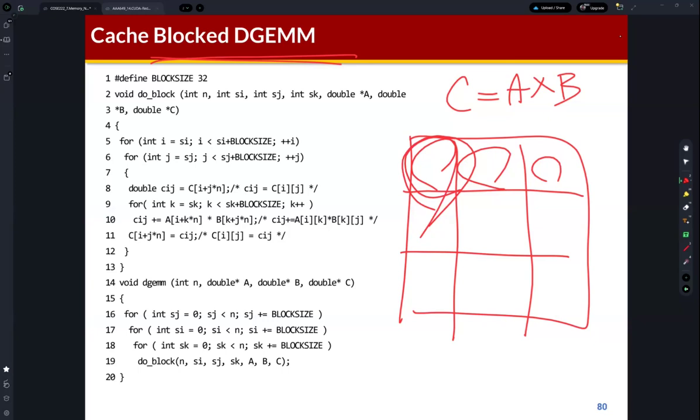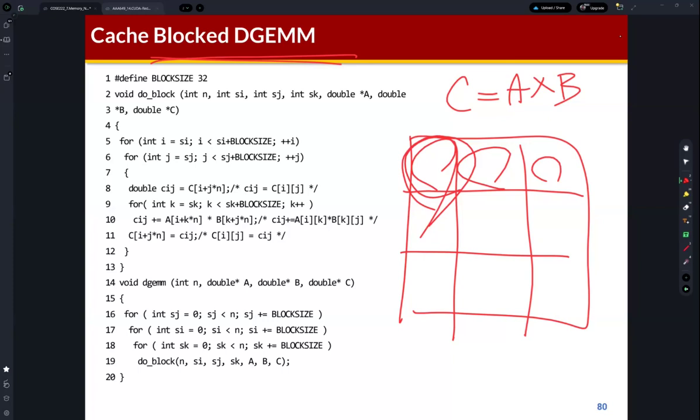It is because the performance drop of this matrix multiplication is caused by the large matrix, right? So if we reduce the size, then we can tackle this problem, right?